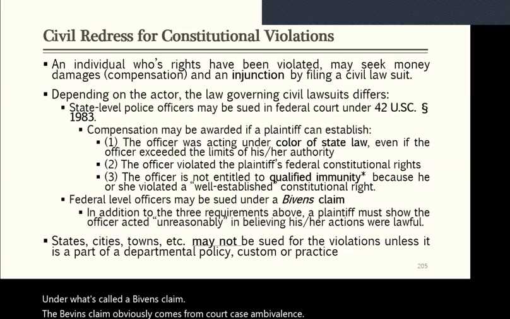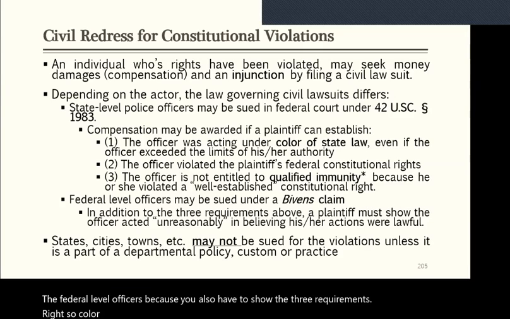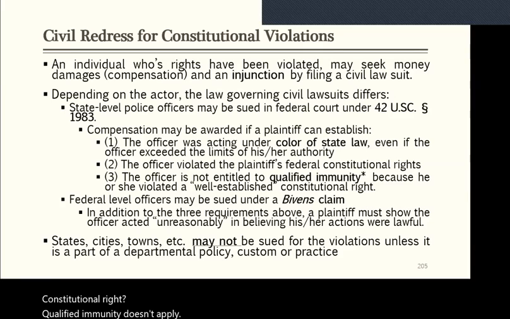So what's interesting is it makes it even harder to sue the federal level officers, because you also have to show the three requirements, right? So color of state law, constitutional right, qualified immunity doesn't apply. In addition, you have to show the officer acted, quote, unreasonably, end quote, in believing that his or her actions were unlawful.